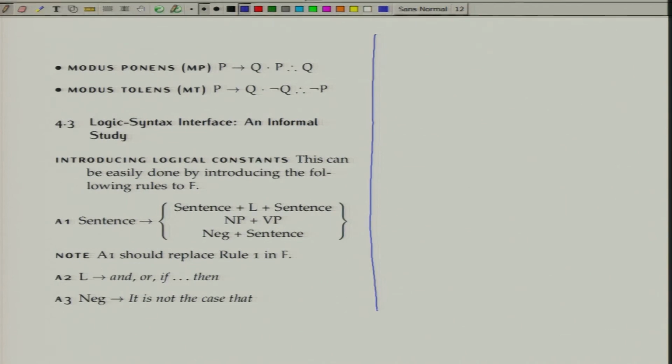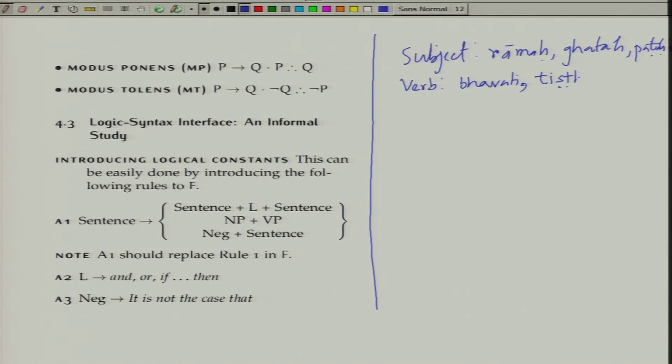Suppose I'm talking about Sanskrit in English, I may say that when my subject is Ramaha or Ghatah or whatever, Patah, anything, my verb can be one of these: bhavati, tishthati, or drushyate, or anything.